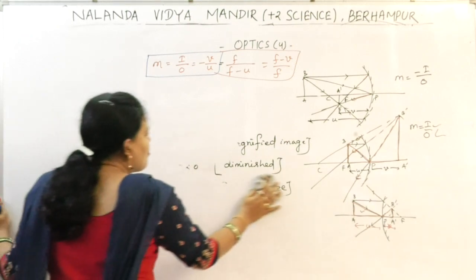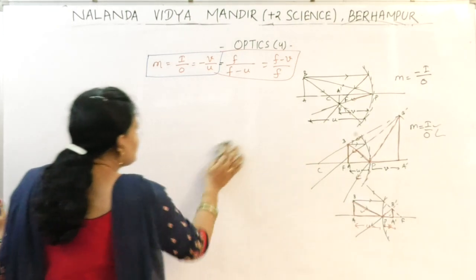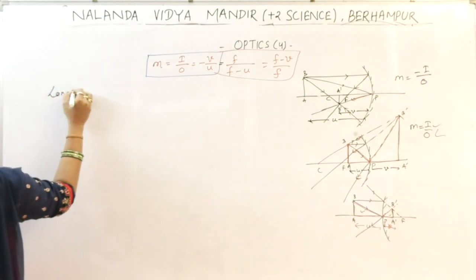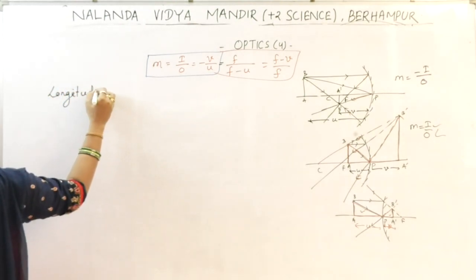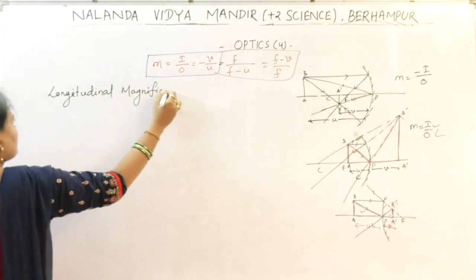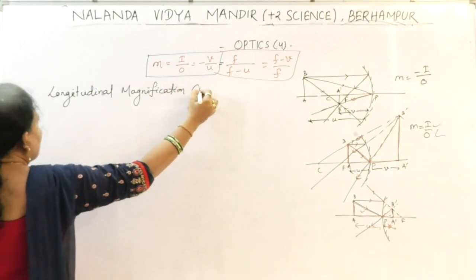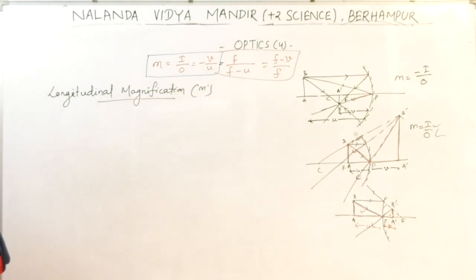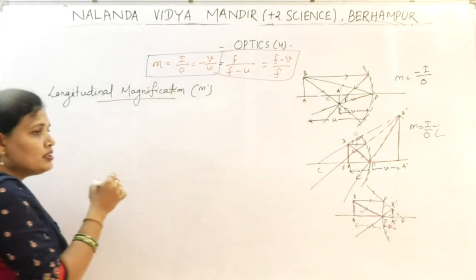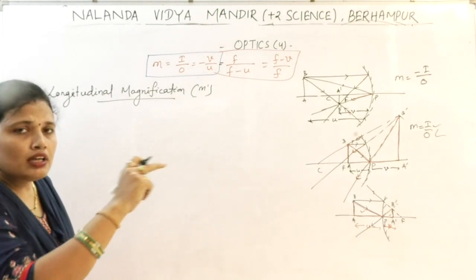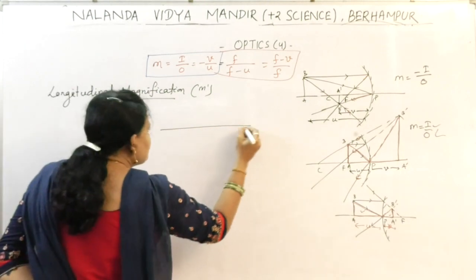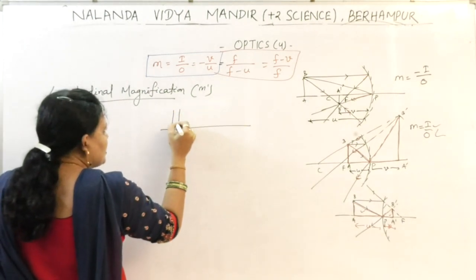Then let us know what the longitudinal magnification, M dash, is. The magnification of the object along the principal axis is longitudinal magnification. What does it mean? Let me take an object like this.